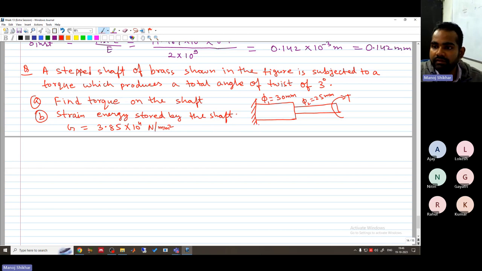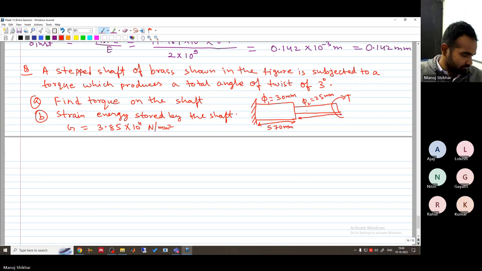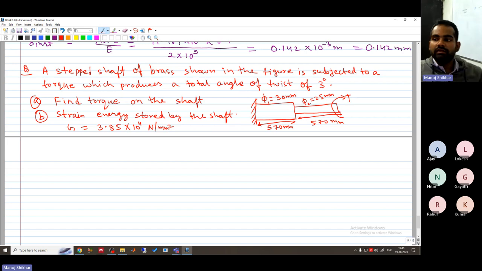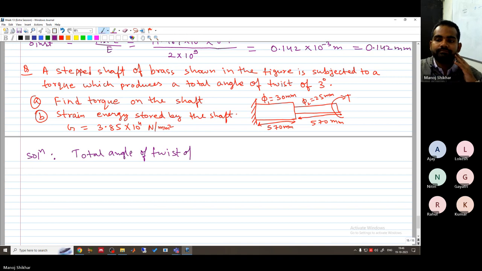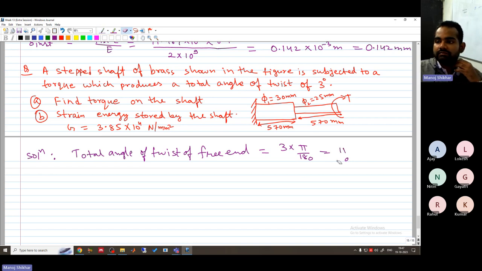This length is 570 mm, and this length is 570 mm. So the solution: they have given the total angle of twist at the free end. We'll convert it into radian: 3 into pi by 180. So this is 3 pi by 180, which is pi by 60.